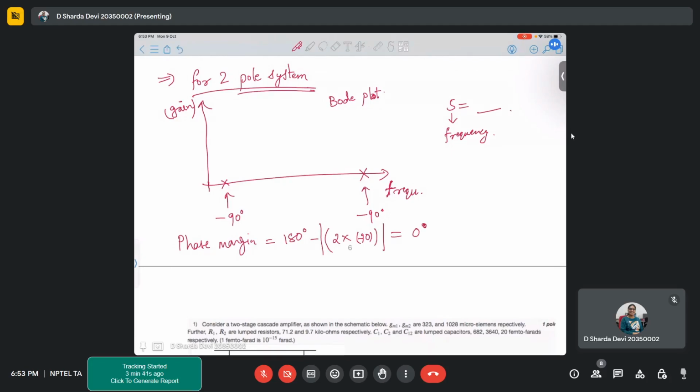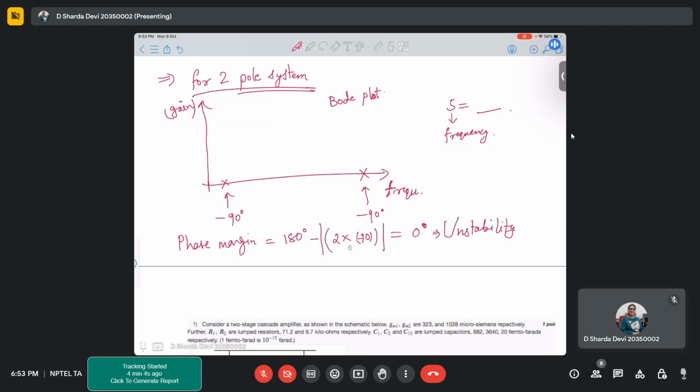So there is a chance in a two-pole system that you can have a phase margin of 0 degrees. You can have a phase margin of 0 degrees when two poles are very far apart. And this will lead to instability. So that's why we start analyzing two-pole systems.